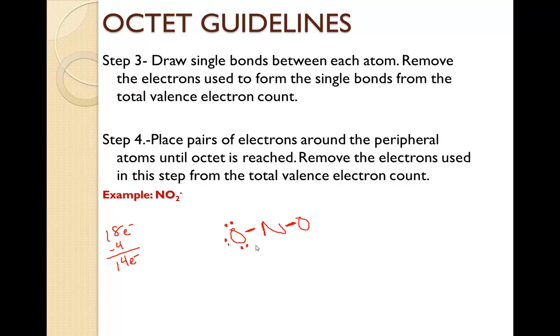That one's full. 2, 3, 4, 5, 6, 7, 8. So let's figure out how many valence electrons we used. 2, 4, 6, 8, 10, 12. We used 12. So we have 2 more electrons to play with.